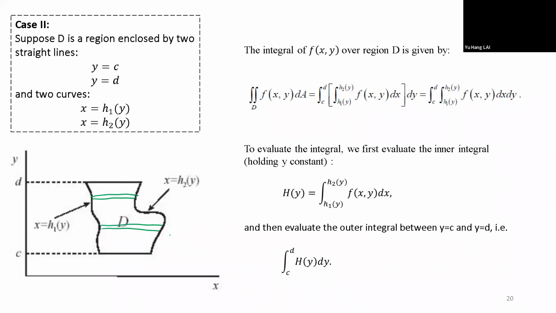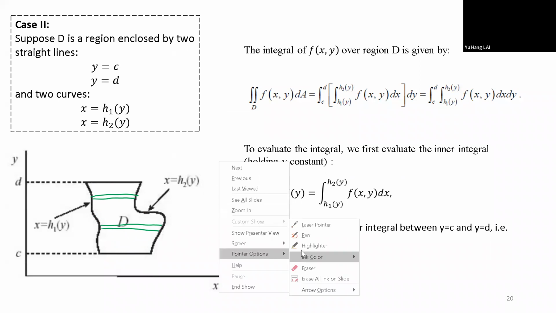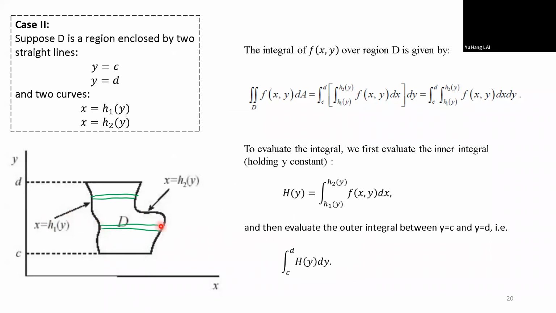If I cut it along this direction, that means I want to integrate over x first. That's why you can see that the inner integral is with respect to dx. This time, when I take care of the lower and upper limit for this inner integral, I need to know for a particular y value what is the x value of this lower edge, and what is the x value for the other edge.